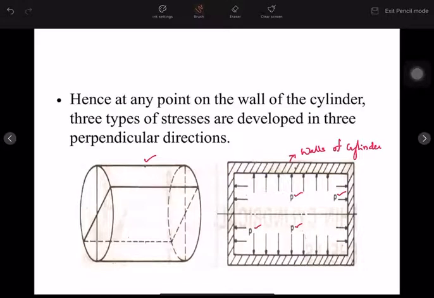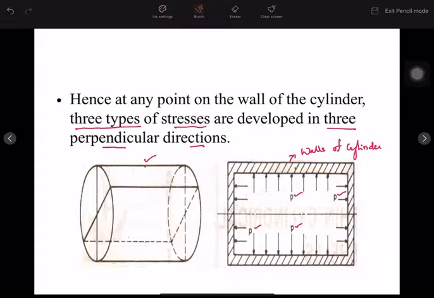Hence, at any point on the wall of the cylinder, three types of stresses are developed in three perpendicular directions. As it is a three-dimensional figure, we have three perpendicular directions, and in these directions there will be stresses induced because of the storage of fluids.